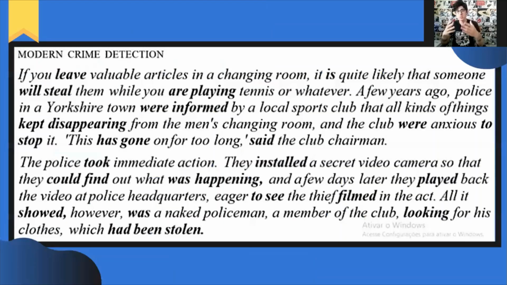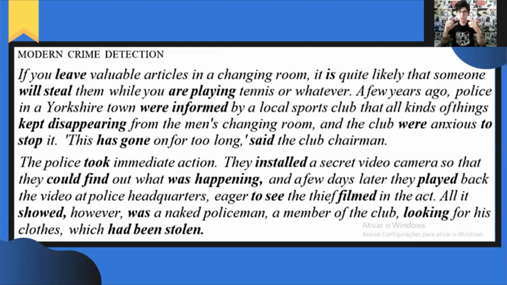Moving on, I want you to take a look at these two short paragraphs about modern crime detection. Take a quick read, and we are going to continue with the explanation. I'll give you some time. So, modern crime detection.